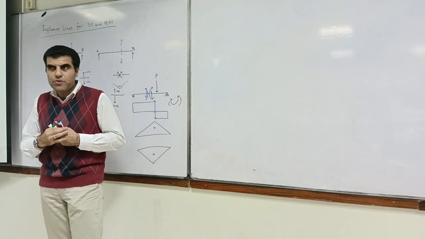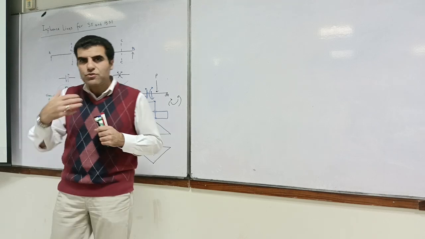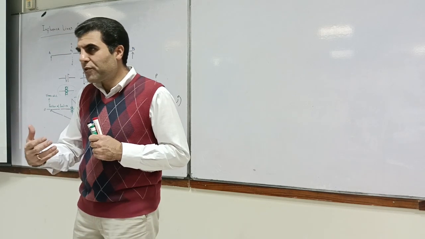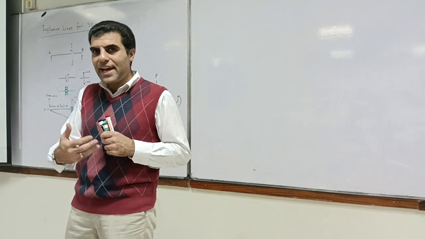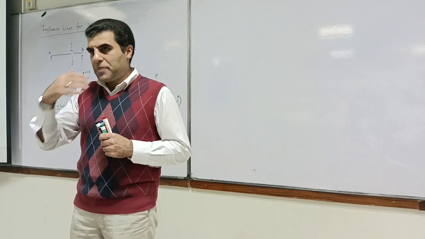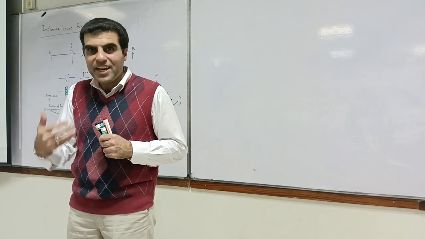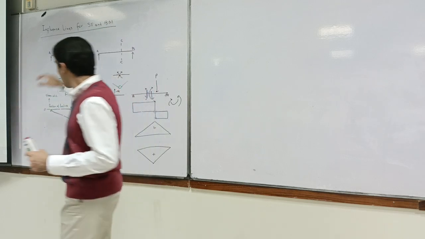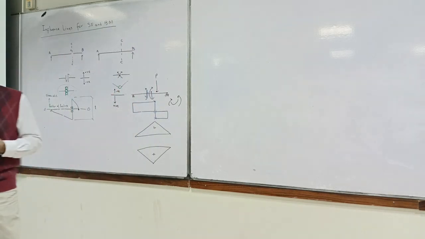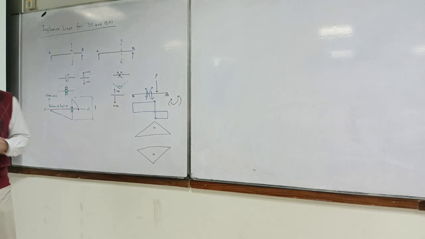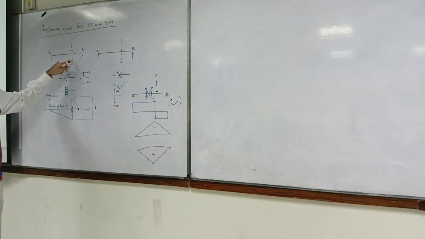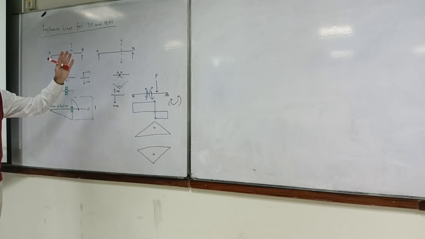Normally in the bridge industry, we try to draw influence line diagrams for every 10th point along the length. In other words, we divide this whole length into 10 parts, and then we find out the influence line for each and every point.